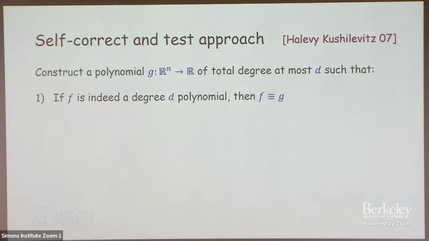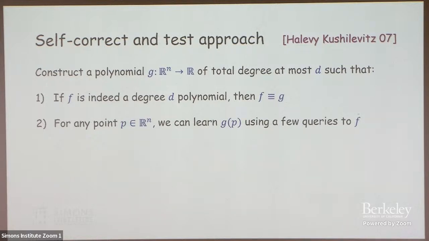First, if the input function f is indeed of degree d, we want f and g to be equal on all the points. And then also, for every point p that we can query, we want to be able to evaluate g of p very efficiently using only few queries to f.